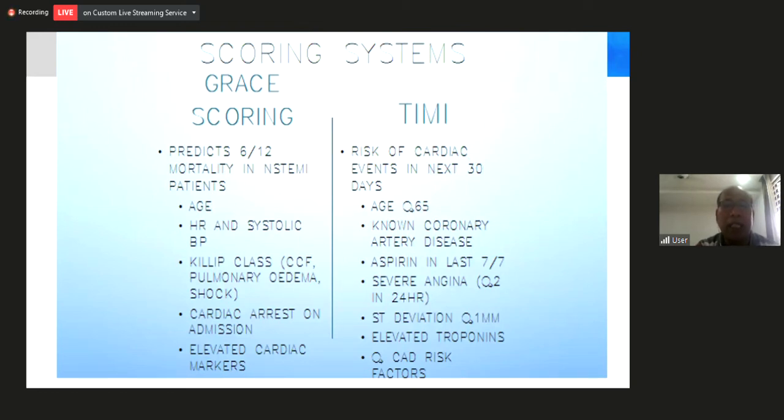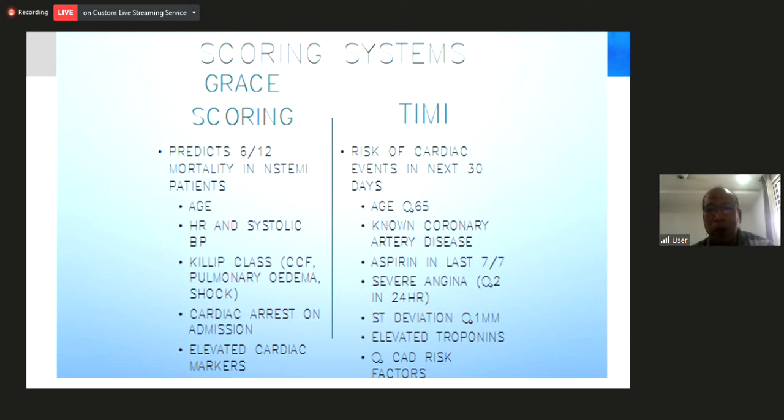You can see here, it predicts 6-month mortality. This score depends on age, heart rate, systolic blood pressure, the kidney, whether the patient has CCF or not, cardiac arrest on admission, or elevated cardiac marker. Any elevation of cardiac marker, meaning non-STEMI, is a case of high risk unstable angina. You must do angiogram within the admission.